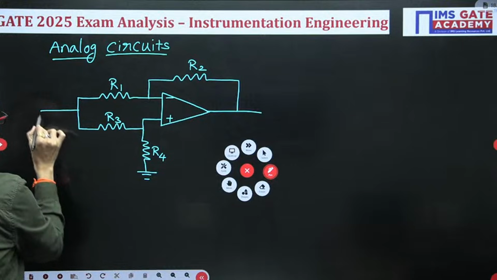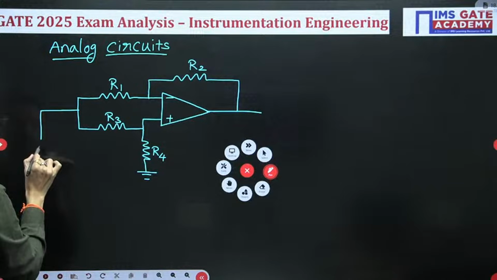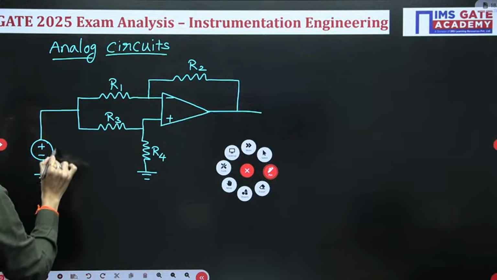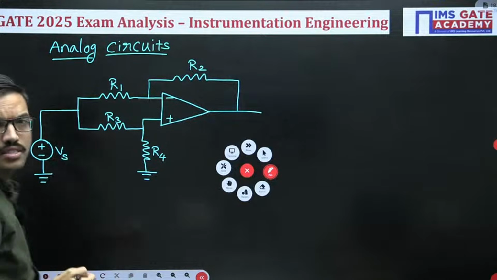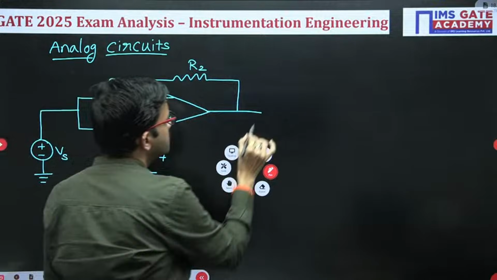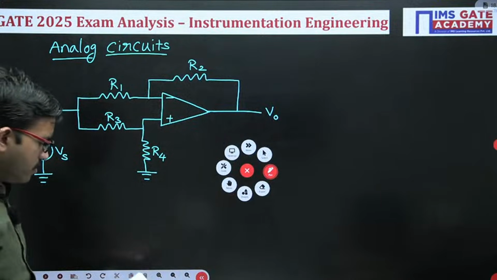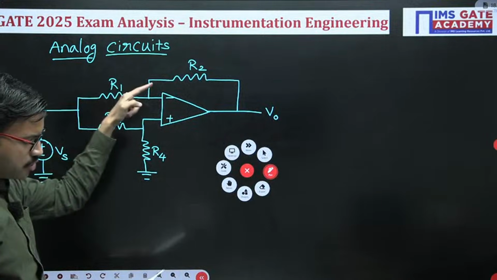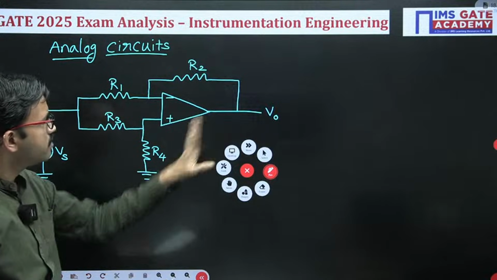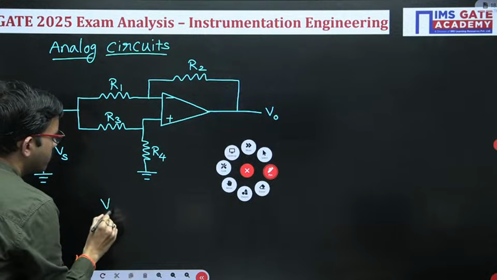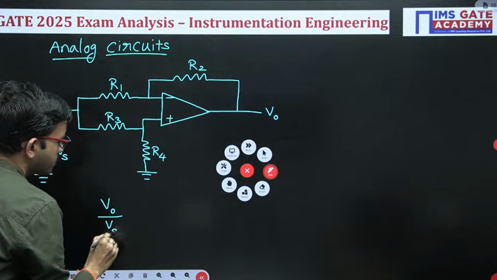Here we have the supply voltage Vs, and the final output is V naught. So this is the circuit diagram they have given: Vs, R1, R2, then R3, R4, and the final output V naught. For this question we have to calculate V naught divided by Vs.